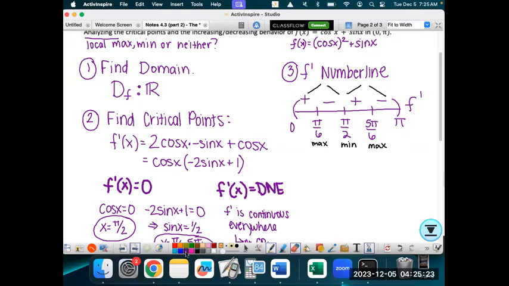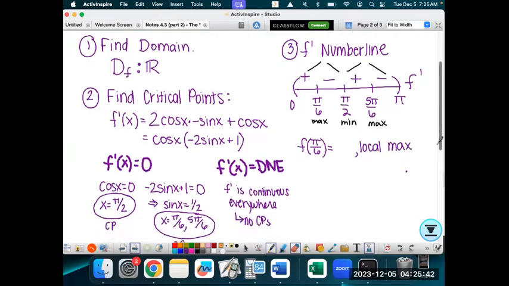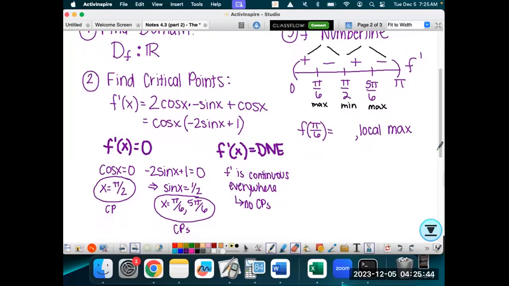So I would like you to figure out what f of pi/6 is, what f of pi/2 is, and what f of 5 pi/6 is. And you can just round that to a few decimal places, or like 2 decimal places is fine. I'm going to go ahead and stop my writing and just put the answers up here in 3, 2, 1.